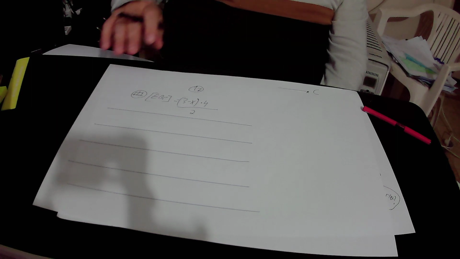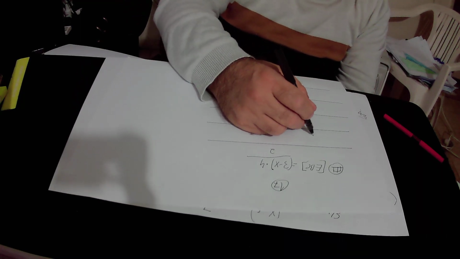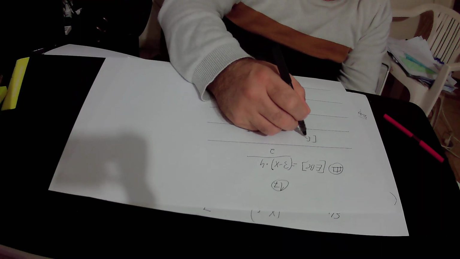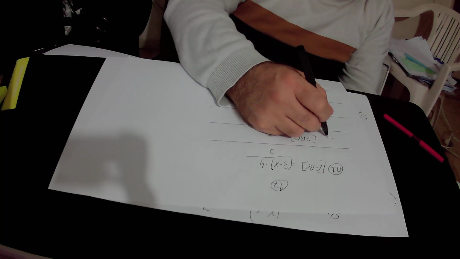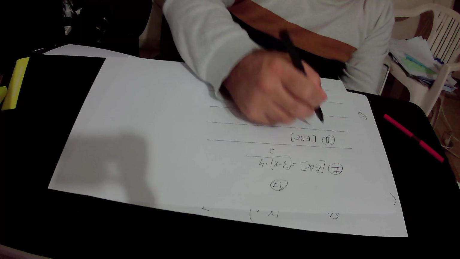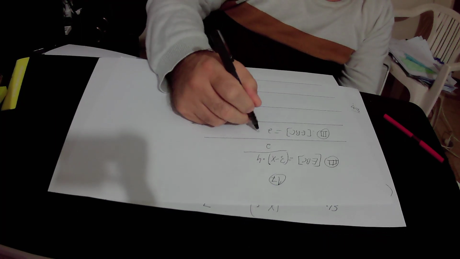4 over 2 is 2. So we get that the area of the green right triangle, triangle EBC, according to equation number 3, is equal to 2 times 3 minus x.